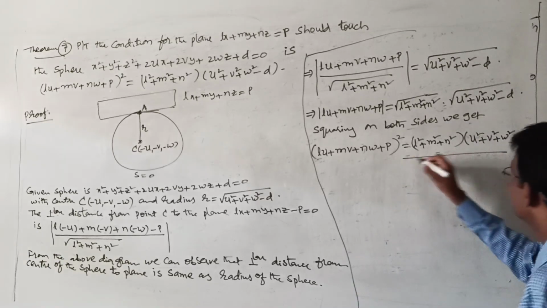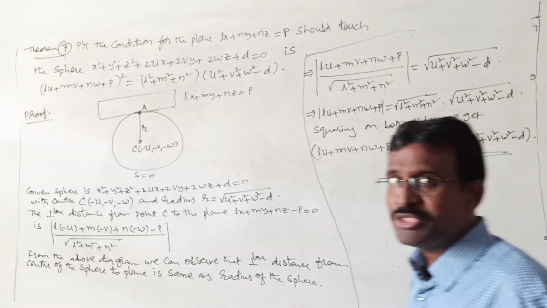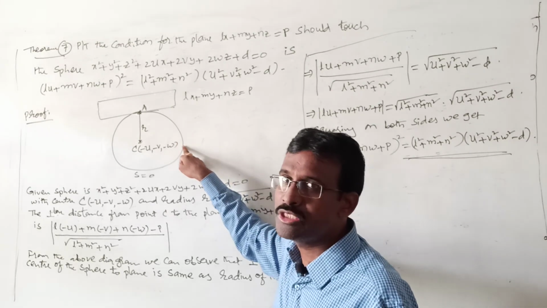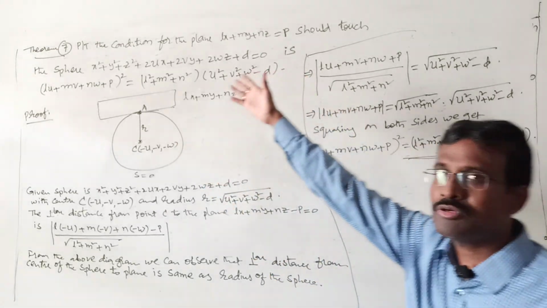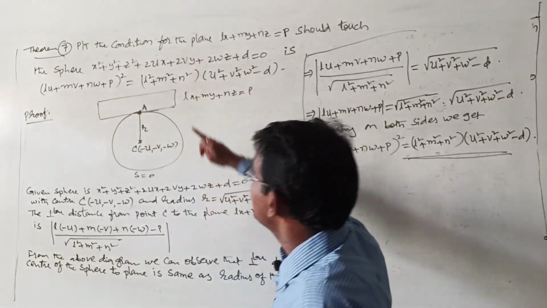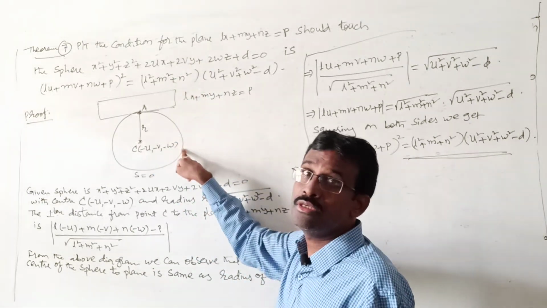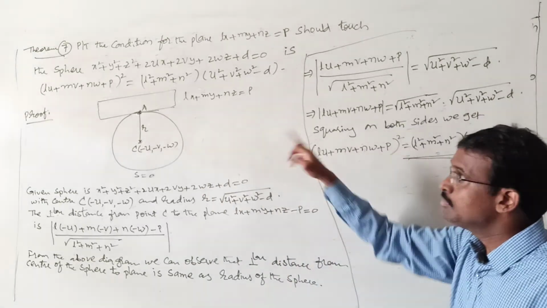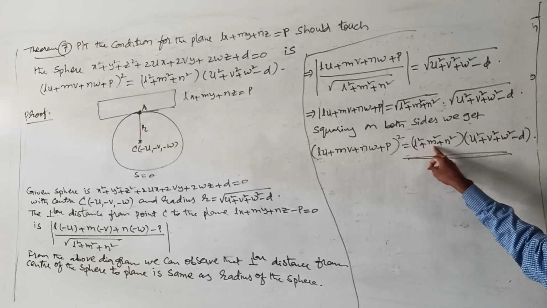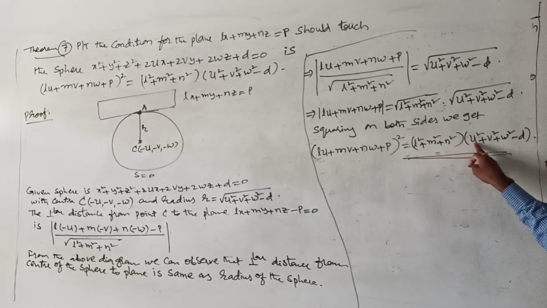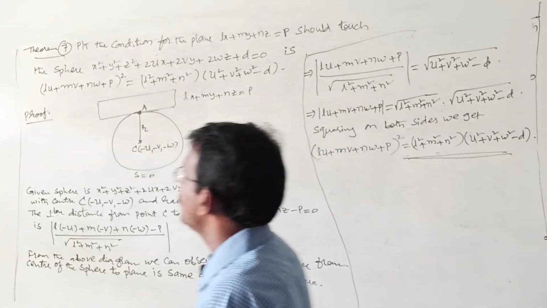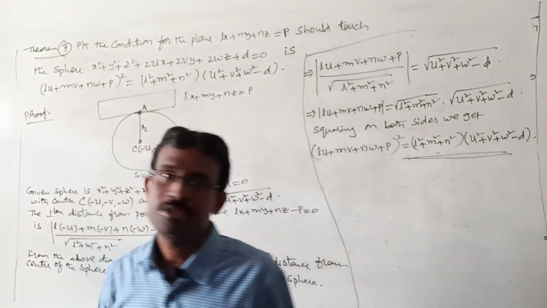This is the condition. At what position did we get this? Whenever this plane is a tangent plane to this sphere, we got this condition. That is your statement. The condition that the plane should touch the sphere is (Lu plus Mv plus Nw plus P) whole square is equal to (L square plus M square plus N square) into (u square plus v square plus w square minus d). This is about your tangent plane to the sphere concept.